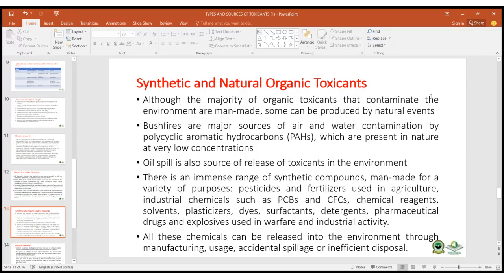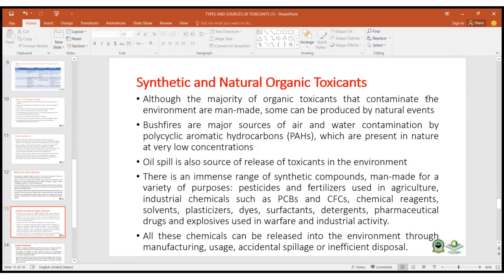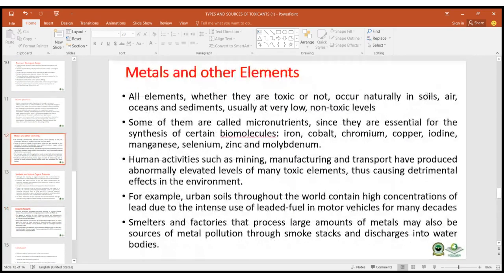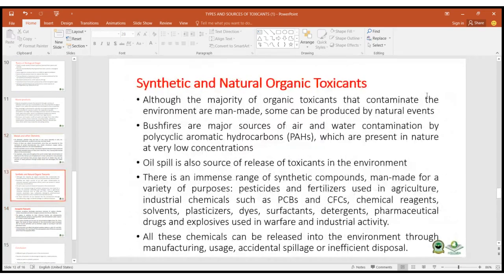And then all these can be released into the environment through manufacturing, usage, accidental spillage, or inefficient disposal. So you can say that these synthetic and natural organic toxicants are a product of anthropogenic activities.